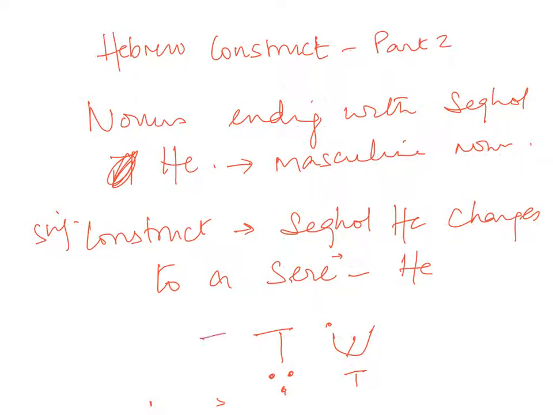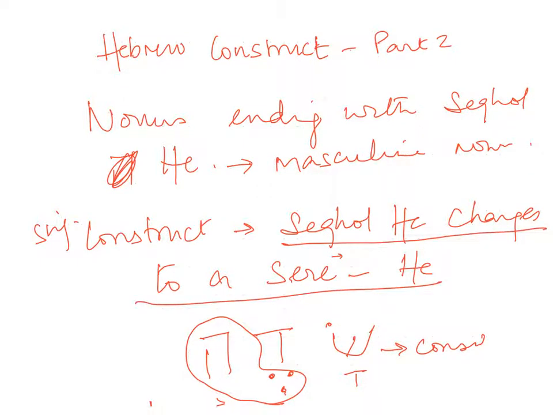This is a segol he. This is a masculine singular noun ending with the segol he. Now, this is the absolute form. If I want to make it a construct form, then the segol he changes to a sere he. That's the only change you're going to observe there. So let me just change it.